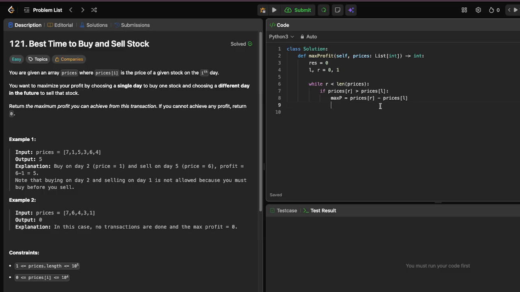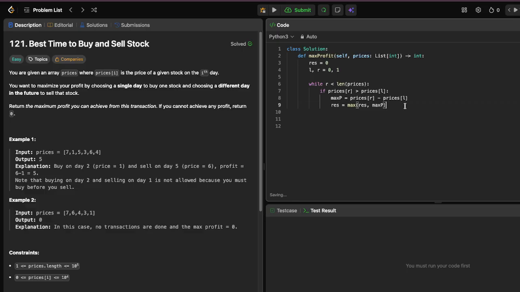Then after that, now that we've calculated our current profit, we have to compare it to the best profit that we're storing out here. This will be our return value, what we return at the end. So we have to update that, and we're just going to call the max function to get the max of both. So the max of itself, result, and max profit, right?